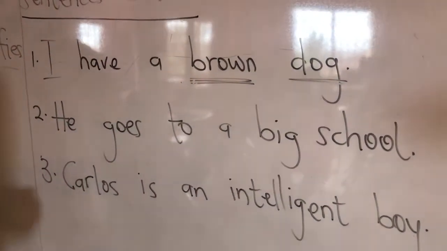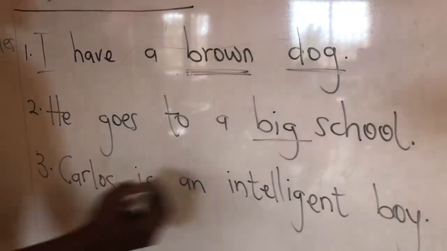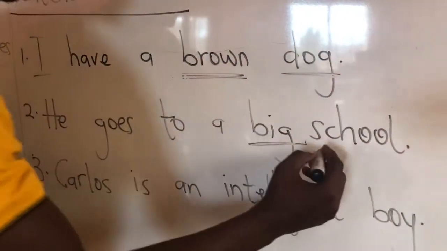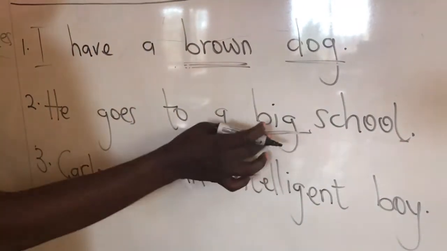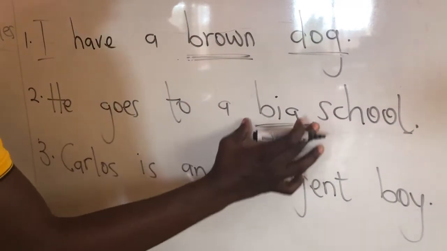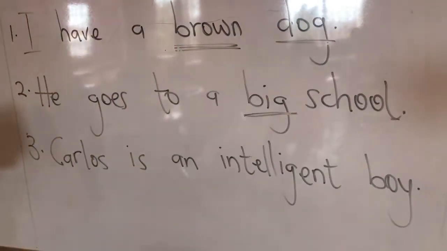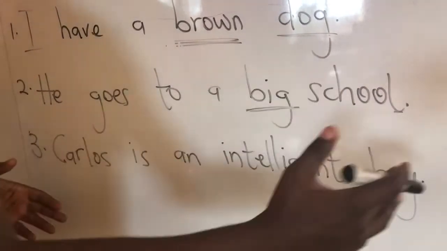Big. Why is it big? The school here is being described by big. Big is telling us how the school is. He goes to school, yes, but the school is not a small school. Instead, it's a big school.